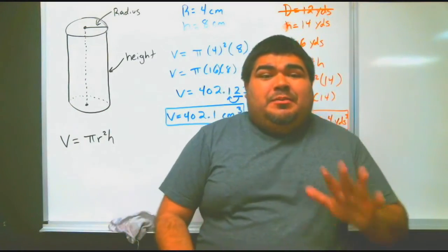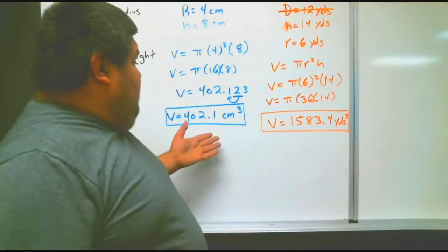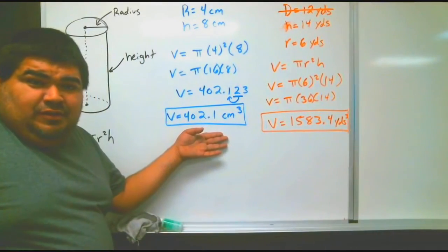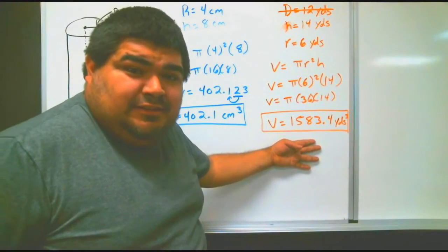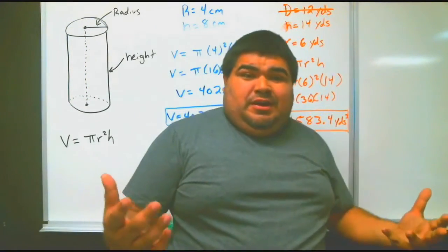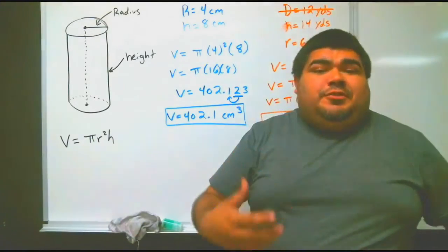We used the equation to find the volume of a first cylinder, and then we used it again to find the volume for our second cylinder.